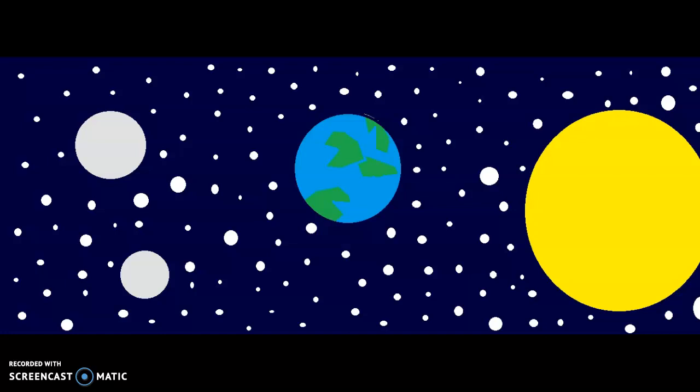It's time to make Mars. I'm going to make this planet Mars. So I'm taking the orange color and coloring it. Now I'm taking the deep orange color, taking the pencil option and making some lines.